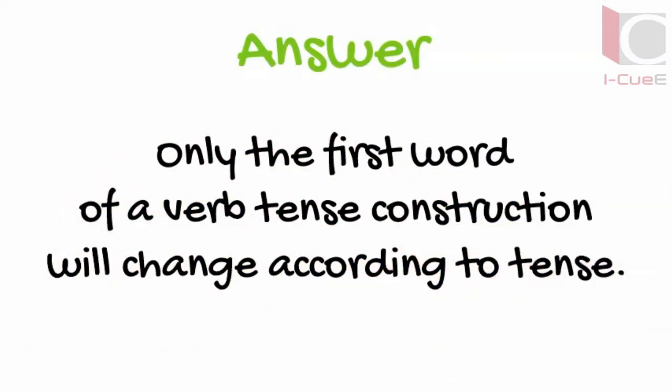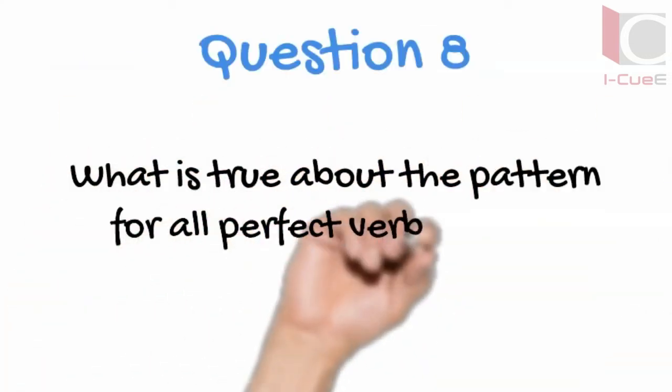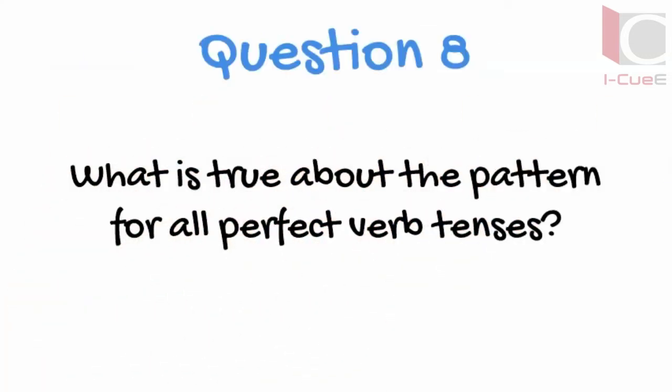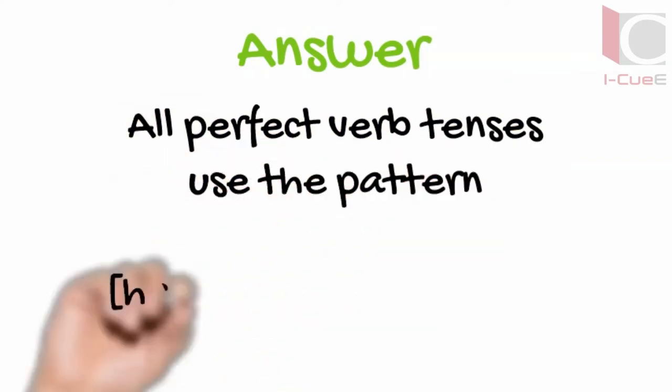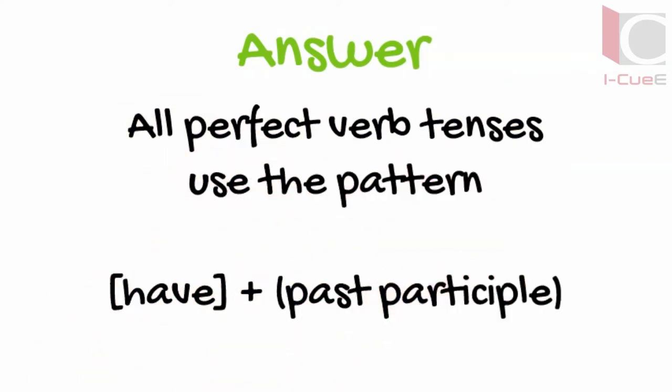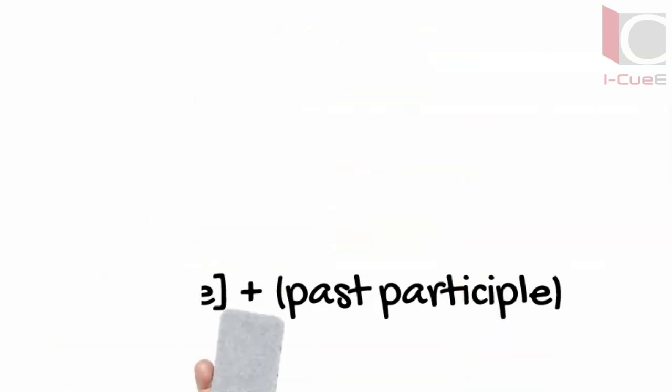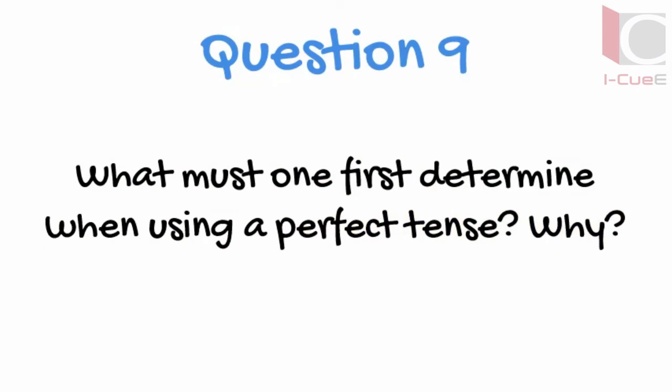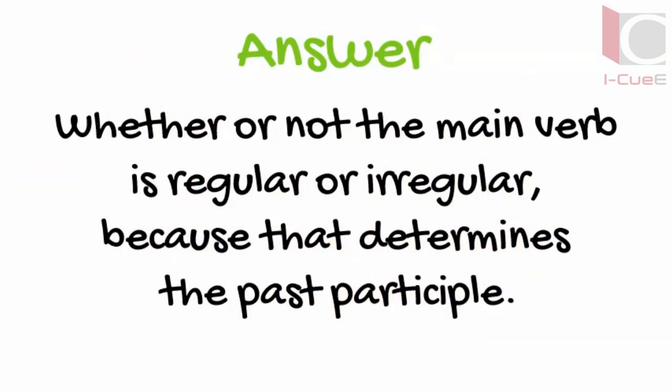Only the first word of a verb tense construction will change according to tense. What is true about the pattern for all perfect verb tenses? All perfect verb tenses use the pattern have plus past participle. What must one first determine when using a perfect tense? Why? Whether or not the main verb is regular or irregular, because that determines the past participle.